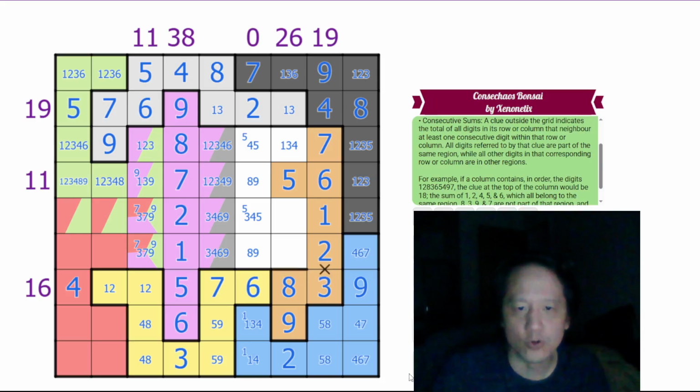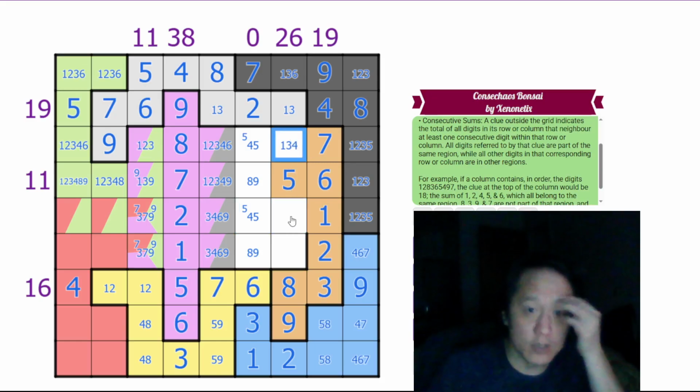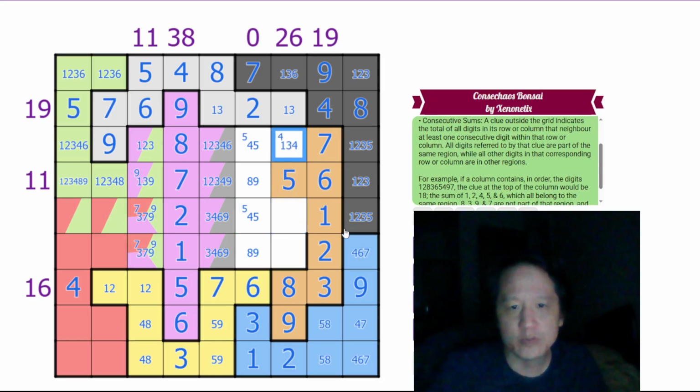This is a border because it cannot be part of it. It's either here or here as a 4. This is 4, 6, 7, which eliminates 4, 6, and 7 in the rest of the blue region. This is 1 then. This has to be 3. So there is no 3 here. 4 has to be one of these 2 cells to be consecutive for the orange region.